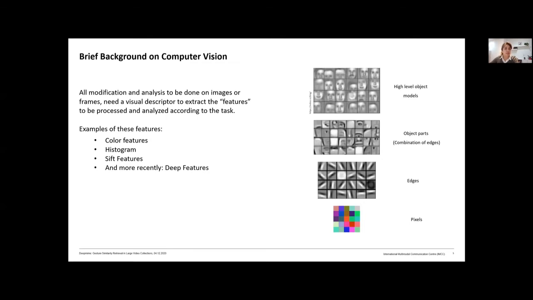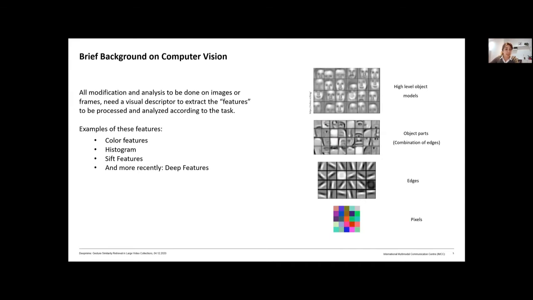To be able to process these images and videos, there needs to be a visual descriptor to extract features from these pixels. These features could be color features, histograms, or SIFT features, and more recently there are deep features available.